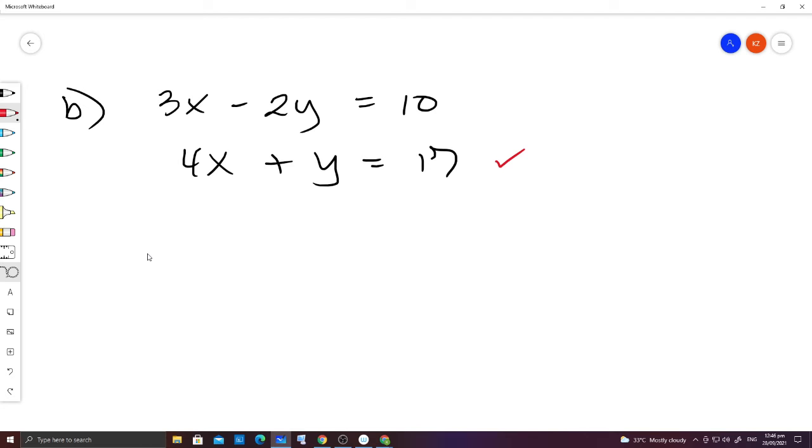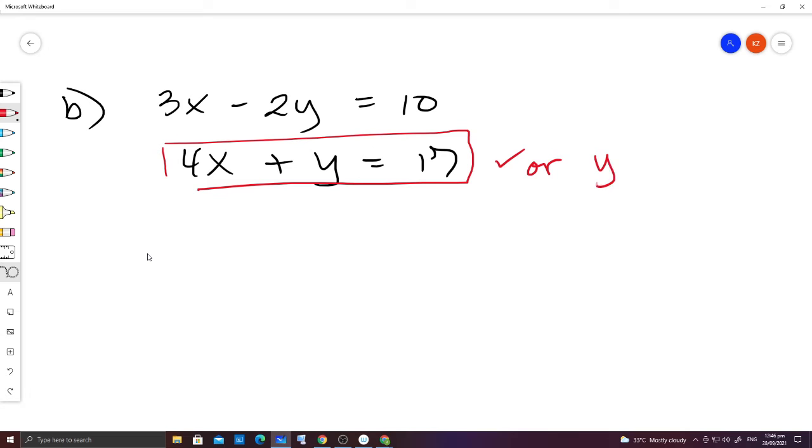Y equals negative 4x plus 17. Okay, correct. Thank you.